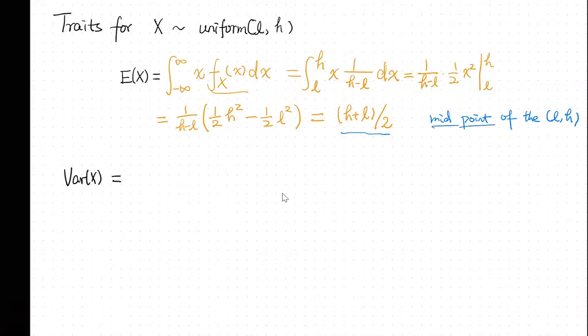This is quite intuitive because all we know is that x can be drawn anywhere from this interval with the same probability. Then without any further information, the expectation should be in the middle of the interval, or the average should be in the middle of the interval.